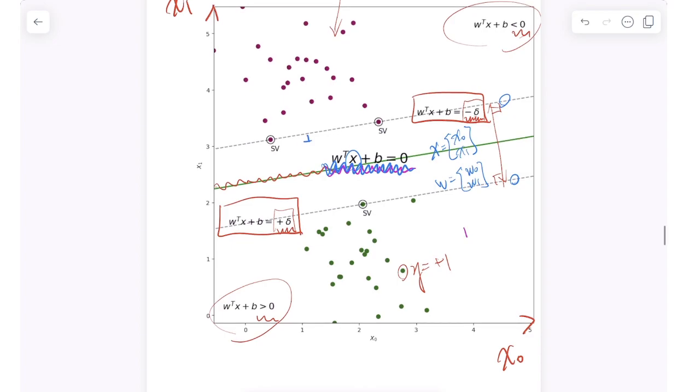So it becomes w transpose x plus b equals 0. We divided everything by delta, but it really doesn't matter because that is just a coefficient.